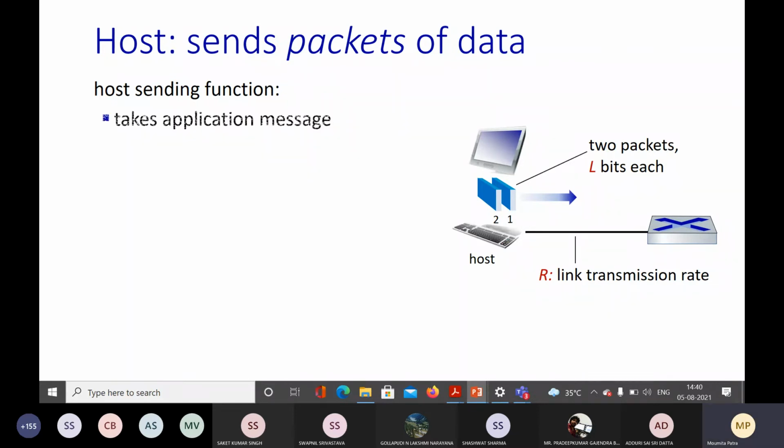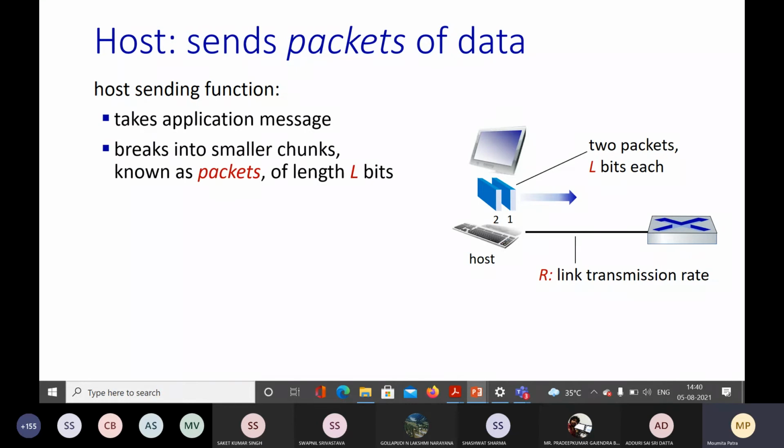Okay? So what does the host sending function do? It takes the application message and breaks it into smaller chunks known as packets. For example, the length of these packets is L bits. That is what we are using in this example.